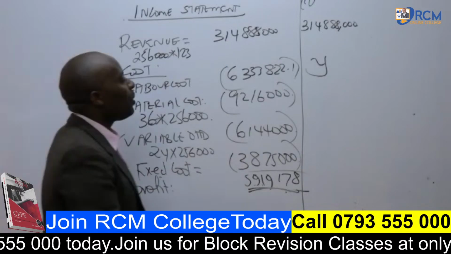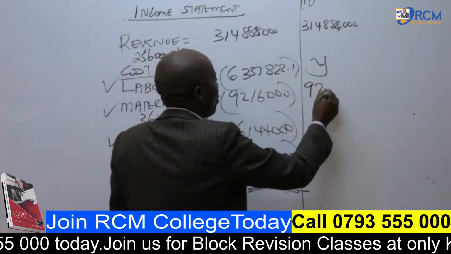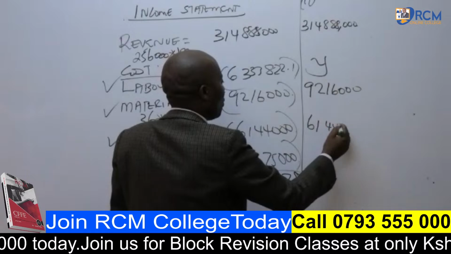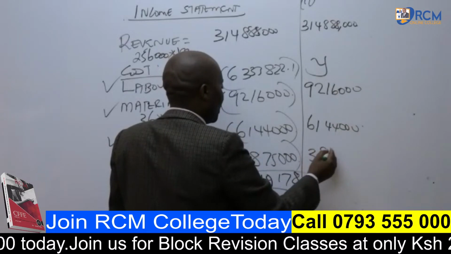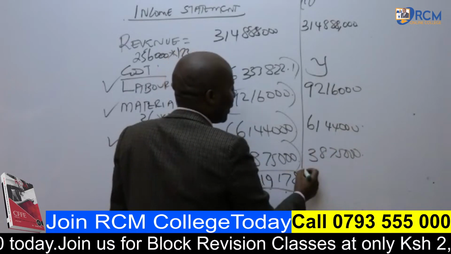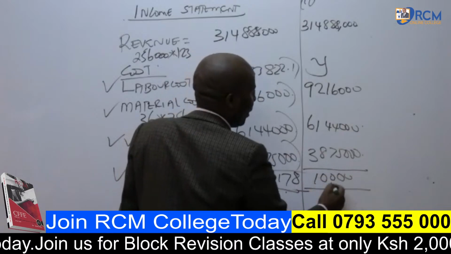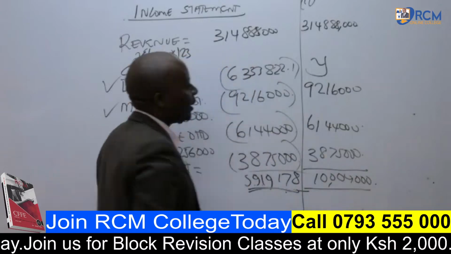Material cost will remain the same. This will be 16,000. This will be 144,000. This will be 75,000. And this time around the profit they are targeting is 10 million.